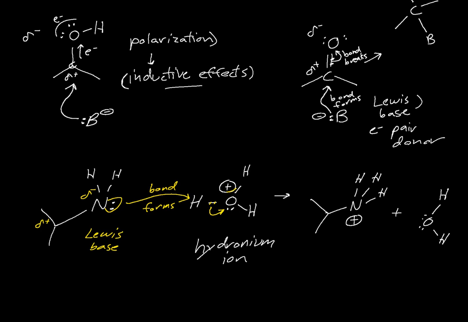And so the hydronium ion is a Lewis acid, an electron pair acceptor. Right? Because that's exactly what it did. Just because it's accepting electron pairs from itself doesn't mean it's not an electron pair acceptor.